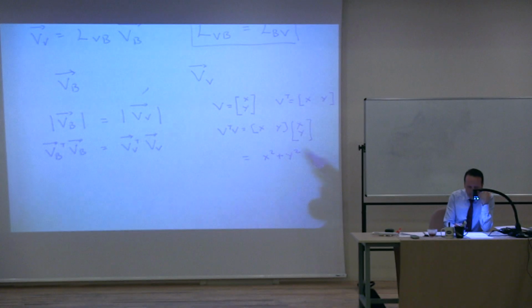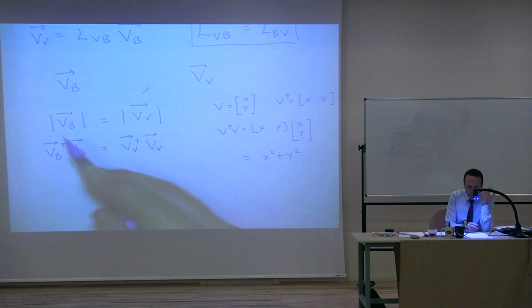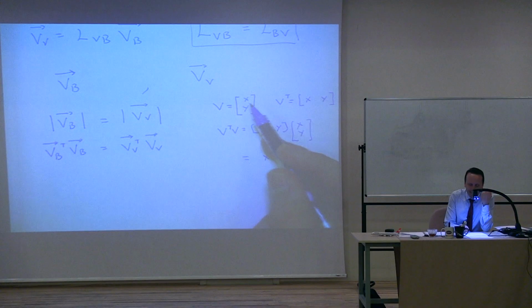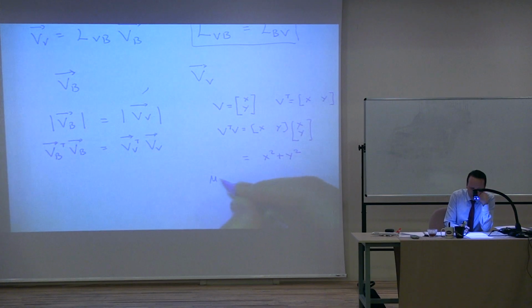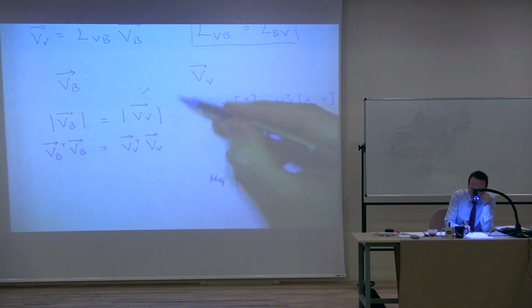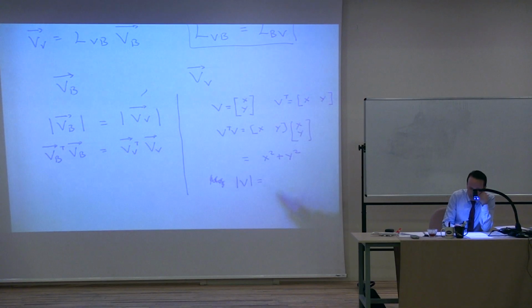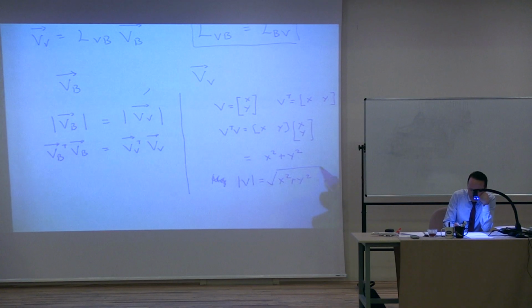Okay? So the magnitude of this would be what, if you ask me the magnitude of V, I'm just doing this on the side just to explain this. The magnitude of V would be the square root of x squared plus y squared, isn't it? Yeah.